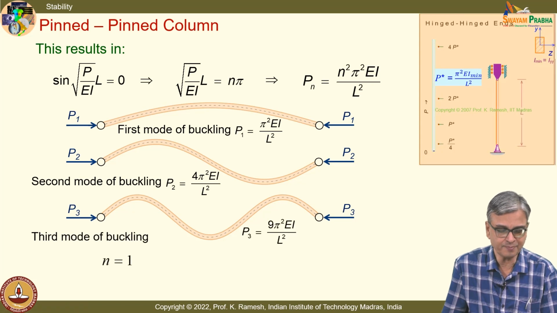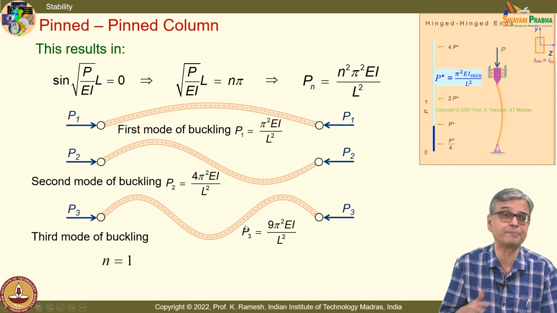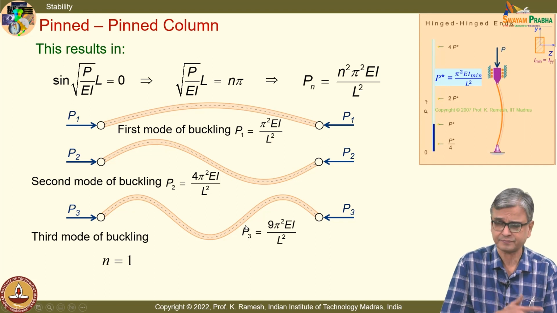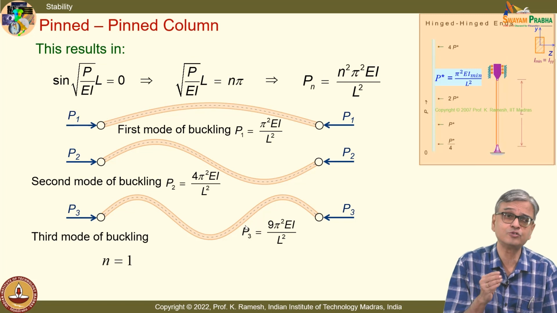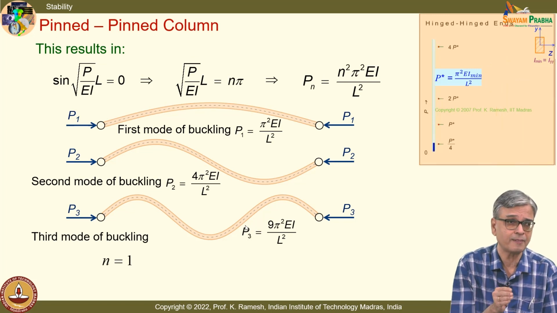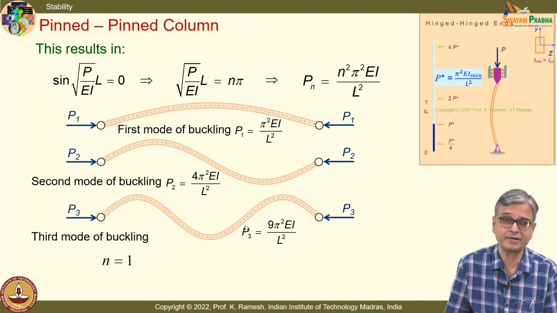See, in a vibration problem, all of these modes are important. In the case of buckling, higher modes are difficult to get unless you prompt the structure at the nodes experimentally.